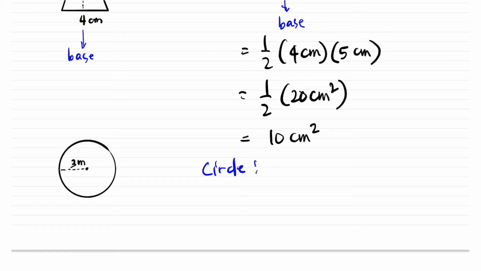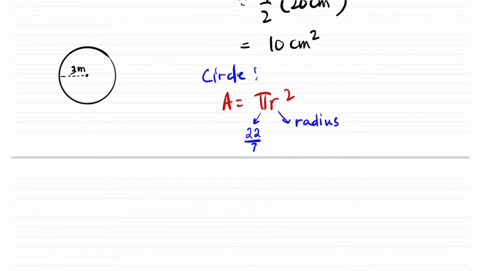So the formula will be area is equals to pi r squared, which our pi is equivalent to 22/7, and this one is the radius. So therefore we have now a solution which is 22/7 times 3 meters squared.